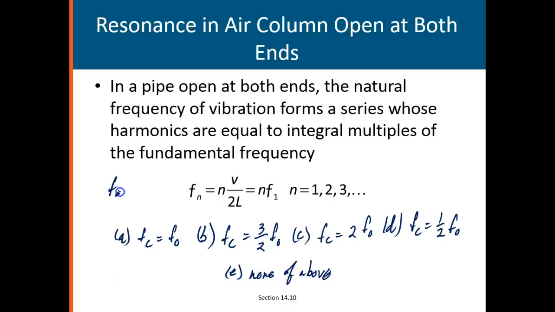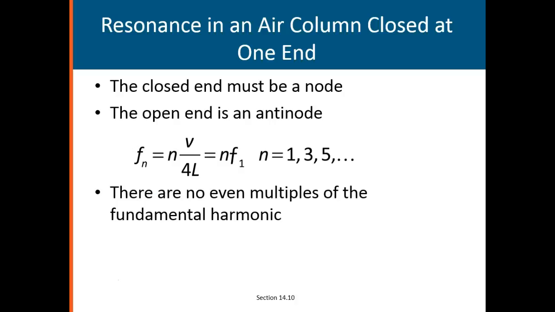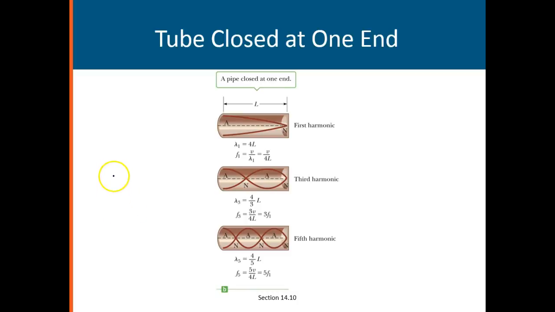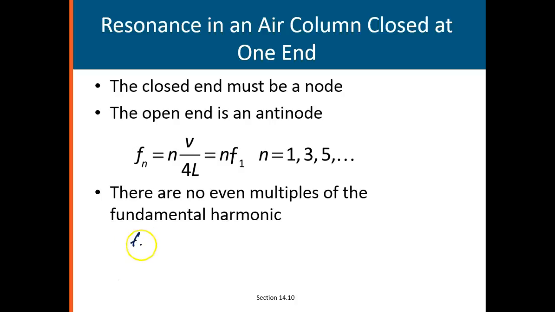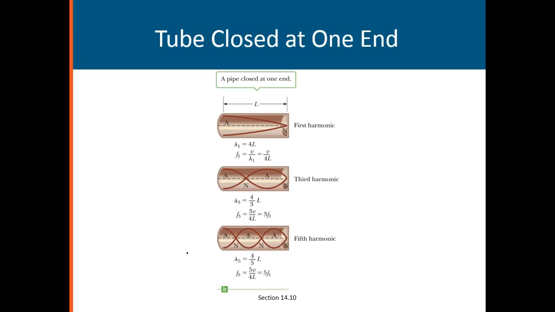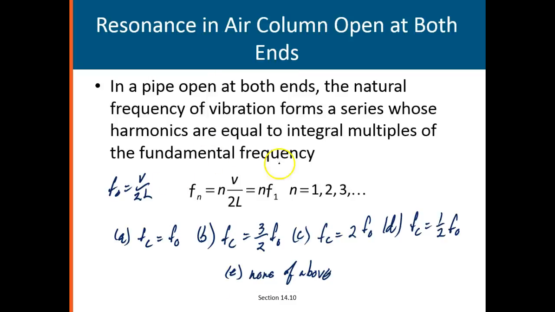Let's go a couple slides. And here our F, okay, let me back up here. Yeah, I did it right. This is F sub C is equal to V over 4L. Okay? So let's go back here. F sub C is equal to V over 4L. Again, the velocity is the same, the L is the same, so what could you say about these two?